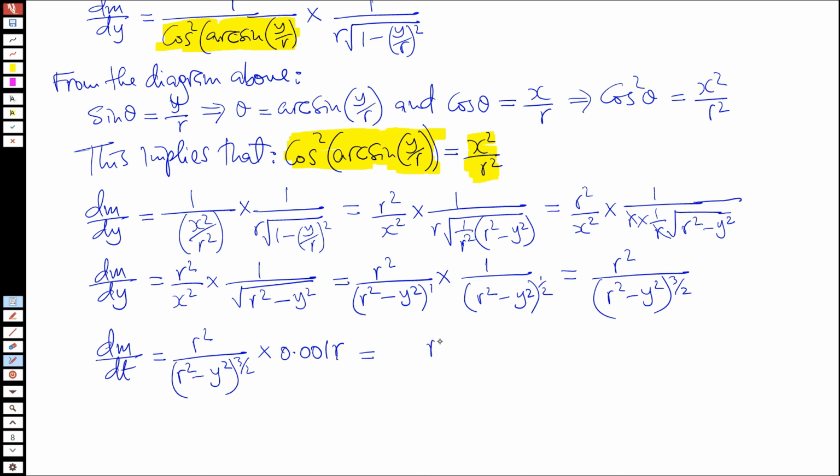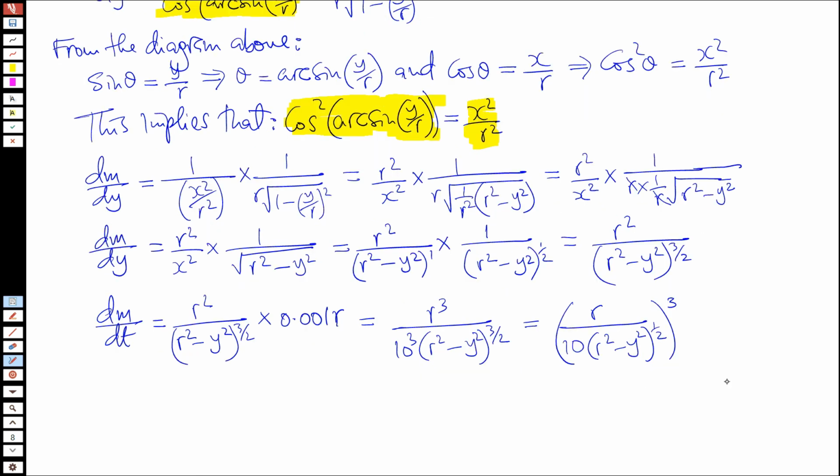So we can write this as r cubed over 10 cubed, multiplied by r squared minus y squared to power 3 over 2. And this can be written as r over 10 into the bracket r squared minus y squared to power a half, all this to power 3, because if you expand you'll end up with 10 to power 3, r to power 3, and this to power 3 over 2, which is what we have here.